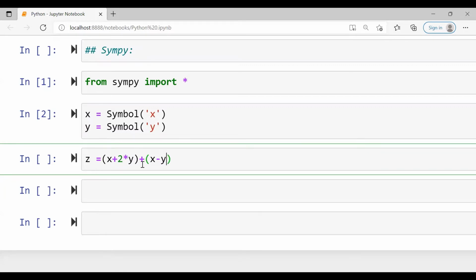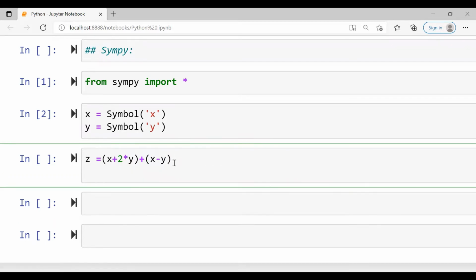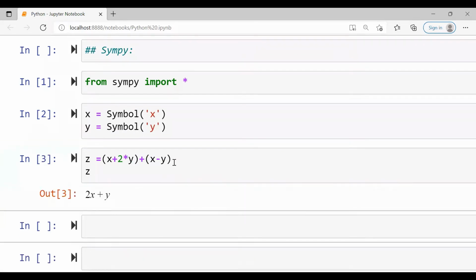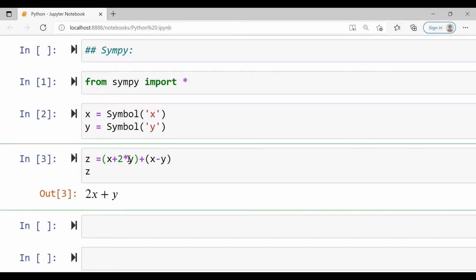So x plus 2y plus x minus y. What is the result of this? 2x plus 2y minus y is y. So let us check the answer. So z is 2x plus y. So this is how you can use x and y as variables, right? You know these are the operators for addition, and this is the operator for multiplication. You know how to use them in an expression. So I just solved x plus 2y plus x minus y, which is nothing but 2x plus y.